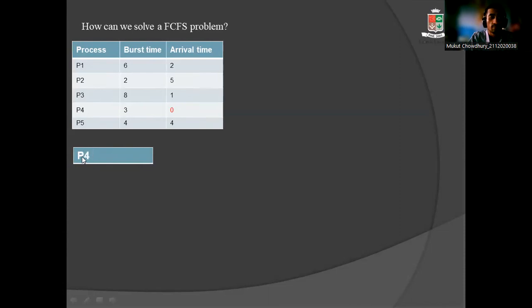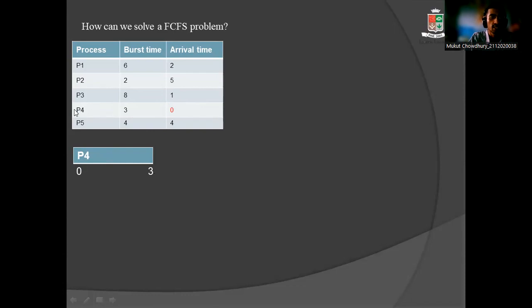P4 will start at 0, and it will stop at 3, since its burst time is 3. Now we can see that the arrival time of P3 is 1, and there is no other process with arrival time 1.